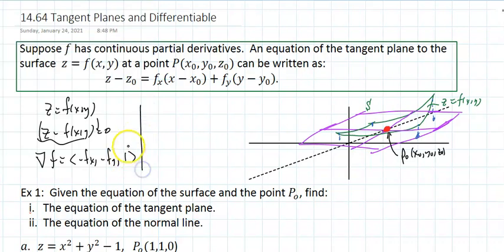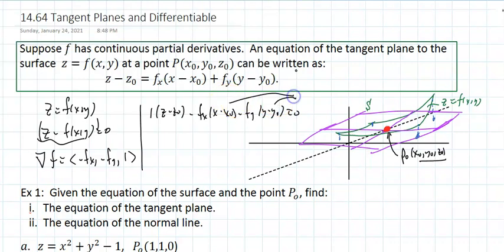And 1 times z minus z naught, assuming the point is x sub 0, y sub 0, z sub 0, minus f sub x into x minus x naught, minus f sub y into y minus y naught equals 0. That's what we did in the previous section. Now, if I move those to the right, do you see I'll get this equation?